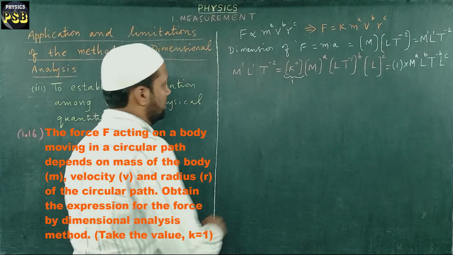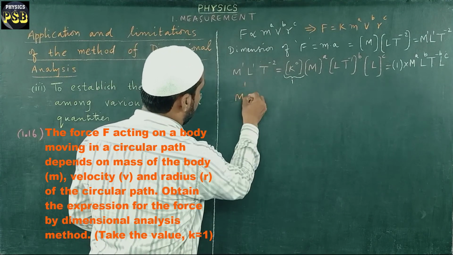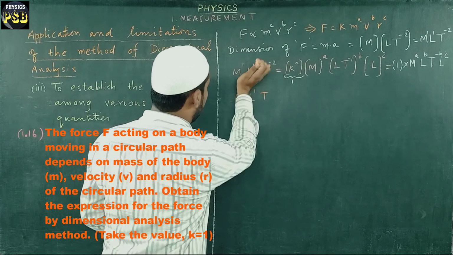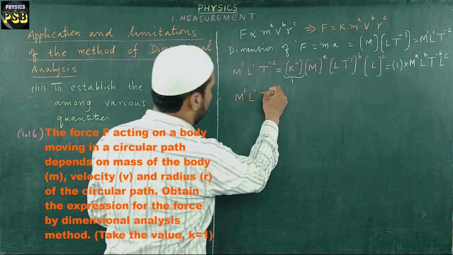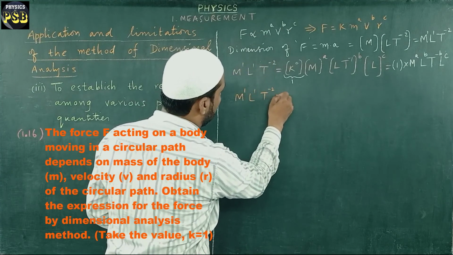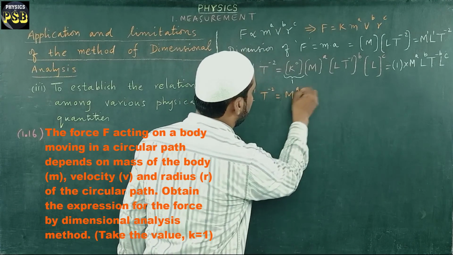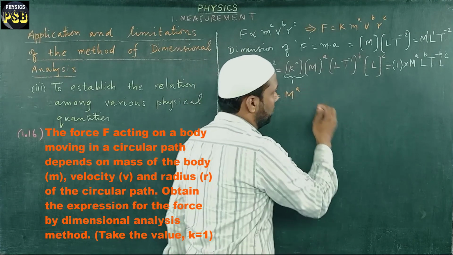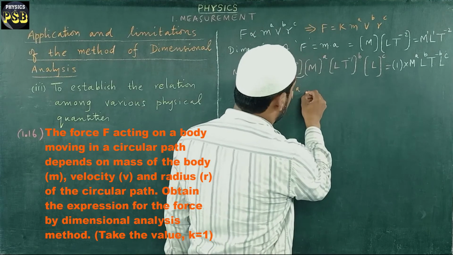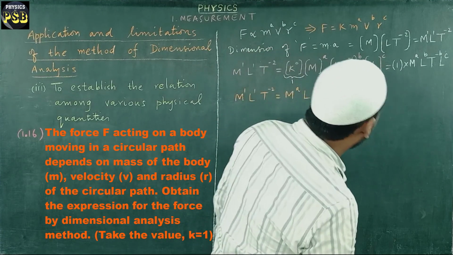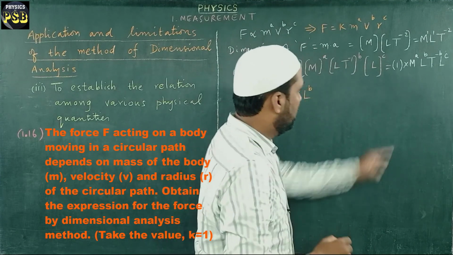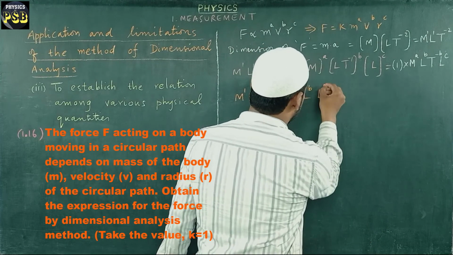To get this. M power 1, L power 1, T power minus 2 is equal to M power a. Now L power b. We have one more here, L power c.